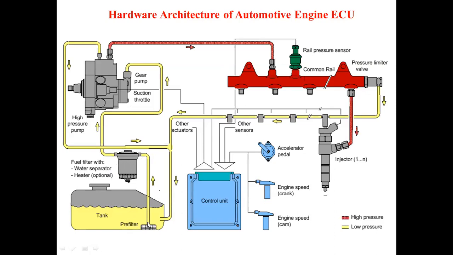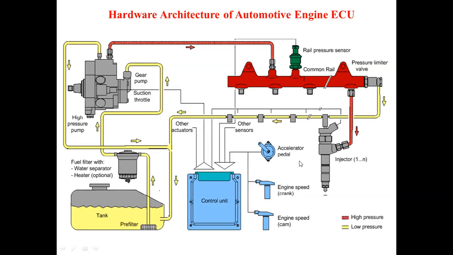So after pre-filtering, and after filtering outside the fuel tank, the fuel is taken to this fuel pump. This is the gear pump. Through this suction throttle, the suction of the fuel takes place, and in this gear pump the fuel gets pressurized. This very high pressure fuel is supplied through the high pressure line.